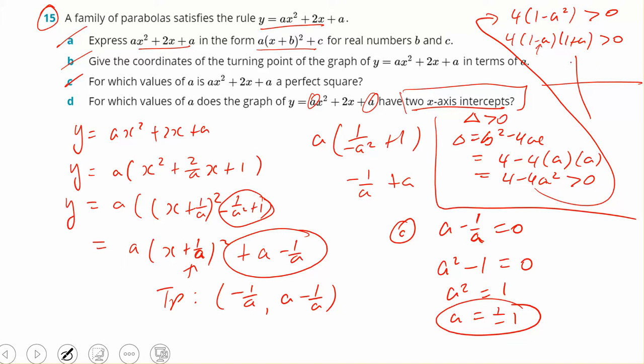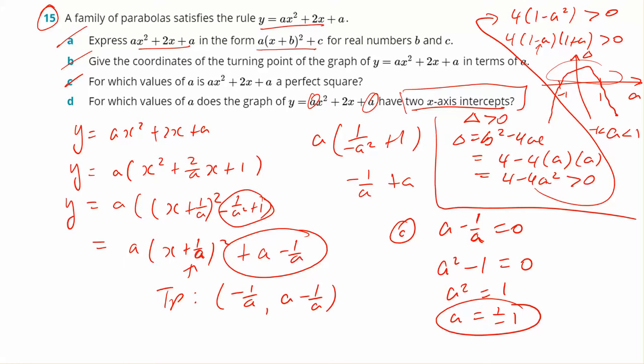So we've got discriminant versus a. We've got a frown and intercepts at negative 1 and 1. When is the discriminant greater than 0? It's between here and here, so it's up there. So a would be greater than negative 1 but less than 1, and that should give you your final answer.